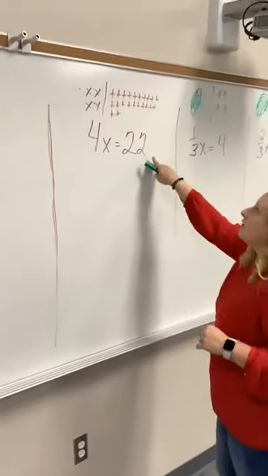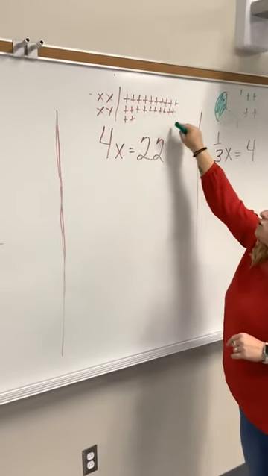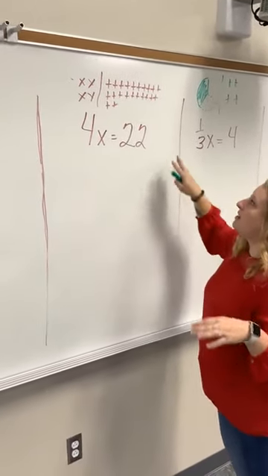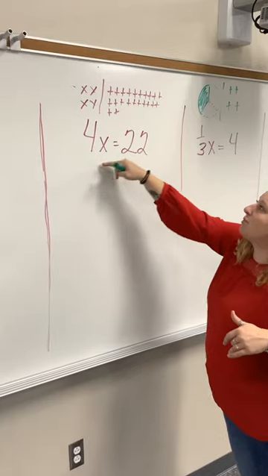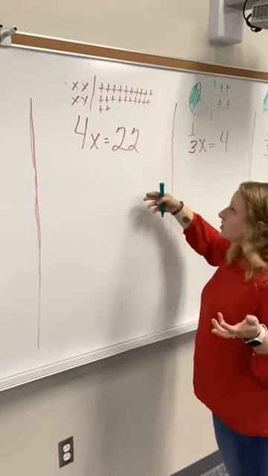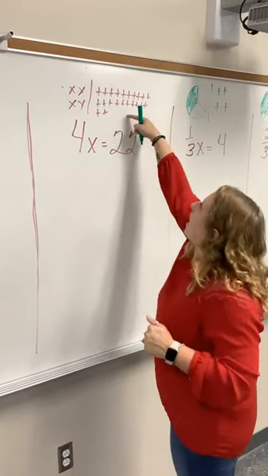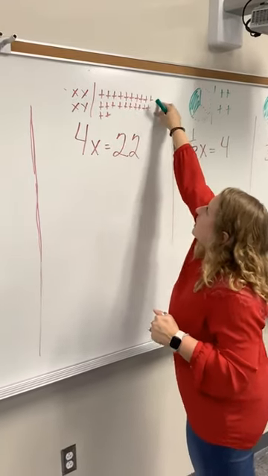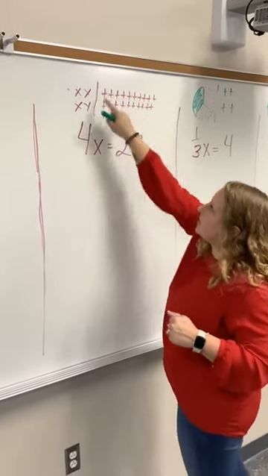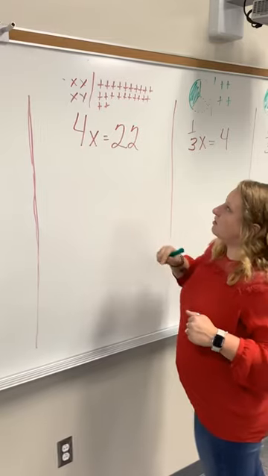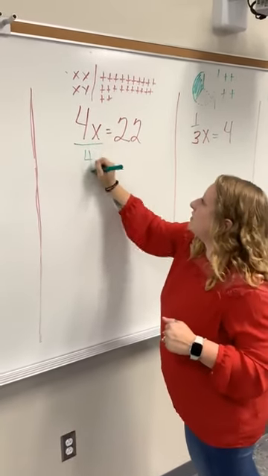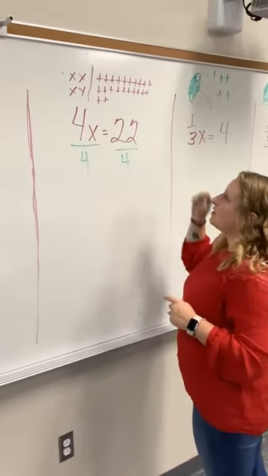And so now we come over here, and now we have 4x is equal to 22. And right off the bat, I see that 22 is not divisible by 4 to give you a whole number quotient. And so I know, though, from my representation, I'm going to take all of these units and I'm going to share them equally into my 4 x's, which means I'm using division to isolate that x.